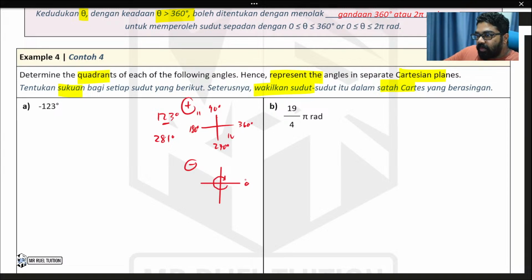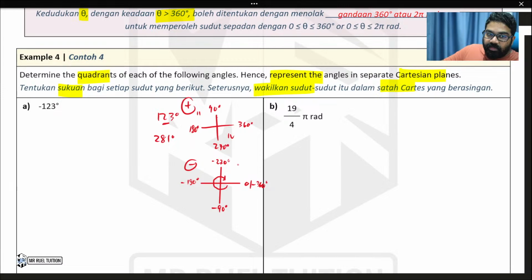You are going clockwise, isn't it? That means ini negatif 90 di sini. Understand or not? Because we are going clockwise. Faham tak? Negatif 90 di bawah. Then negative 180 is here. Then negative 270 di sini. And then negative 360 di sini. Do you understand? Faham?